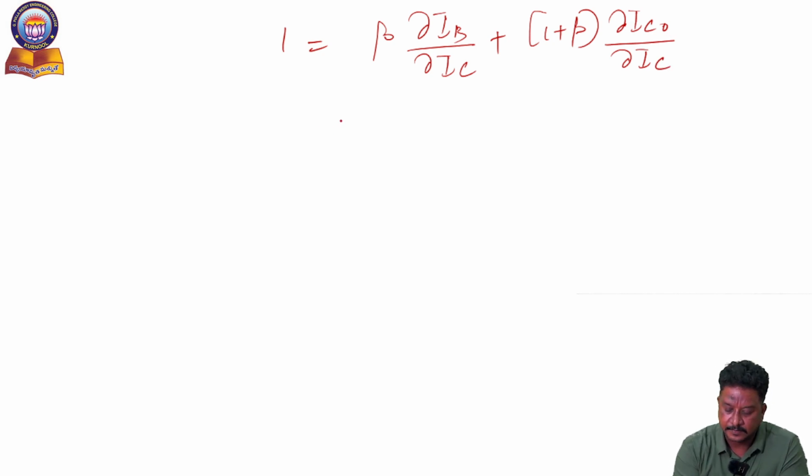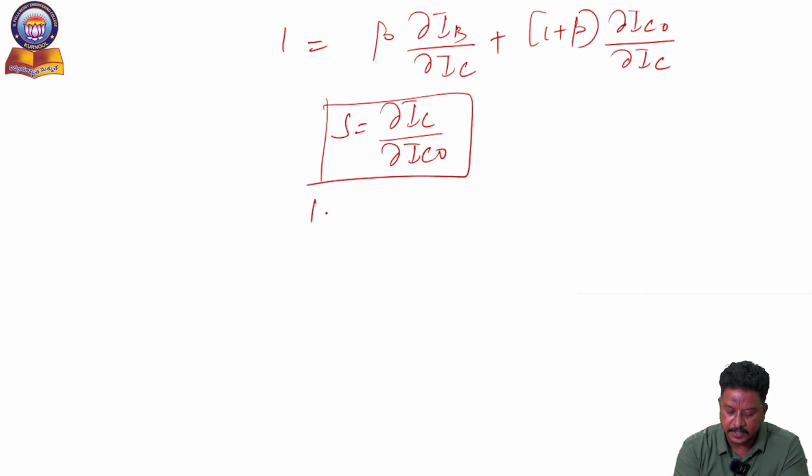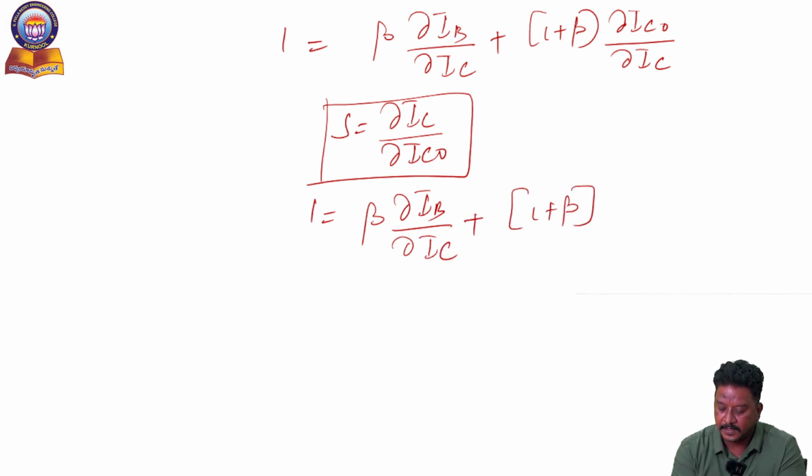So from the basic definition of stability, change of IC by ICO, I am considering in the above equation beta into change of IB by change of IC plus 1 plus beta by 1 by S. So that I have to find out the stability factor.